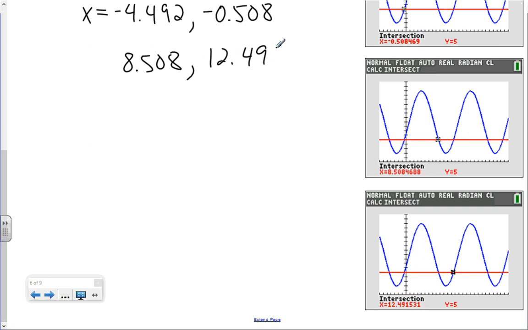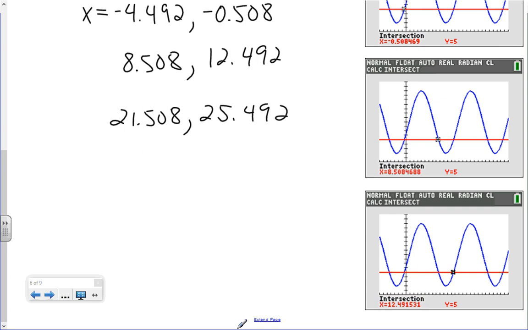Again, you can keep finding solutions on your calculator, but once you know the period, just add the period on. So if I add on 13 to the 8.508, I'm going to get 21.508. Add another 13 onto that 12.492, that's 25.492.